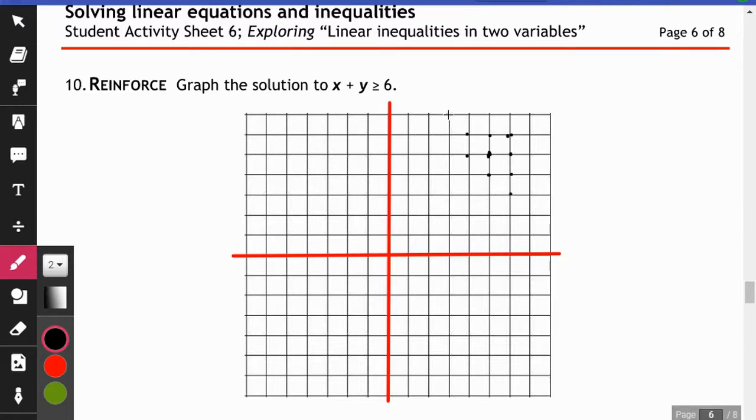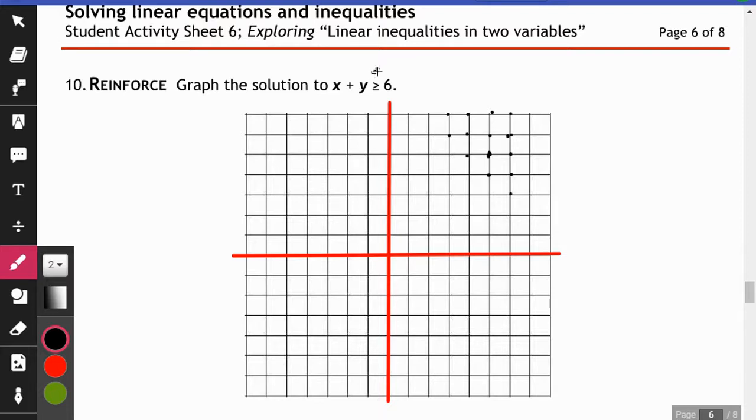But I can do this forever. I can just keep clicking. I can find points that add to make more than 6 for a long time. So it'd be better just to find the border. And that's why we graph these. So here's what we end up doing. We find two numbers. Let's see, if x was 6, then y would have to be 0 to add to make 6. So we're going to find the numbers that actually equal 6.